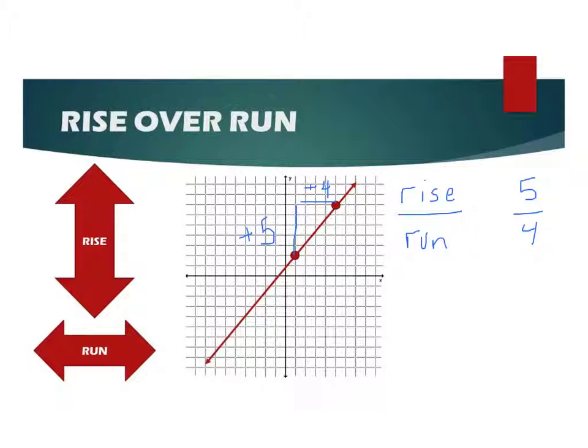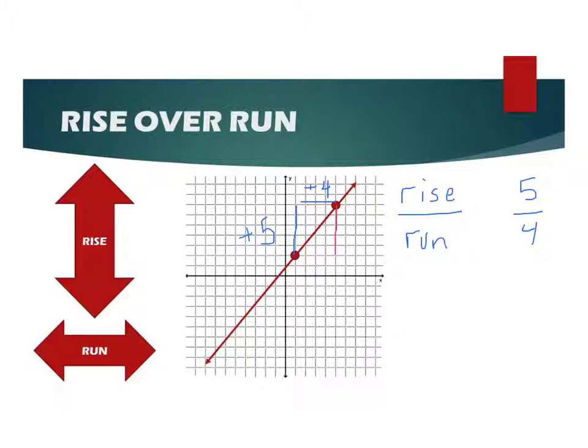Now, we started with the point furthest to the left. What if we were to start with the point to the right? If we were to start with this point up here, would we still get 5/4 as our slope? Let's take a look. Starting at that point, I'm going to go down 1, 2, 3, 4, 5.